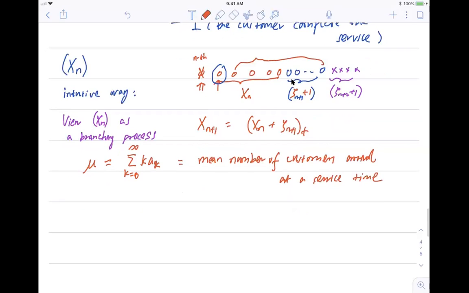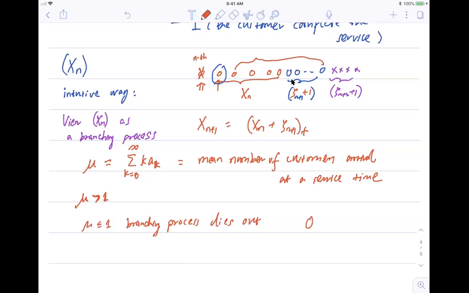For a branching process, there's the question of whether mu is bigger than one. For mu bigger than one, we know it won't die out. For mu less than or equal to one, the branching process will eventually die out. Eventually dying out means that if I use Zn, it will reach zero.